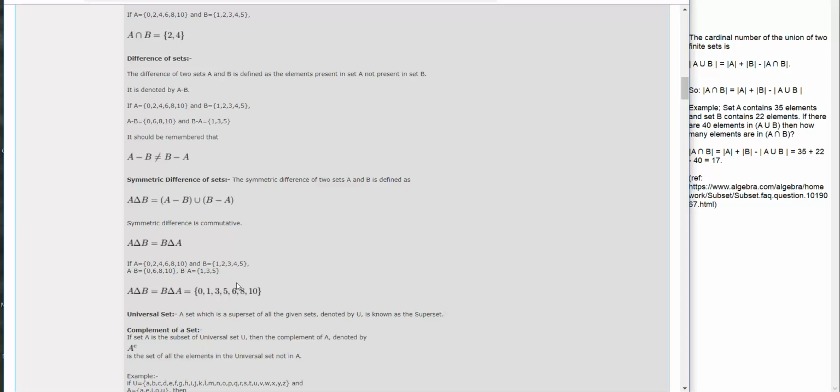Now what if we did this instead of A minus B union B minus A? What if we do the union minus the intersection? Yeah, but how would you go about the intersection? You don't have a formula for the intersection.